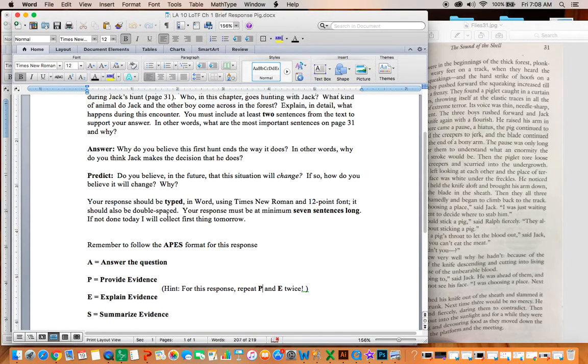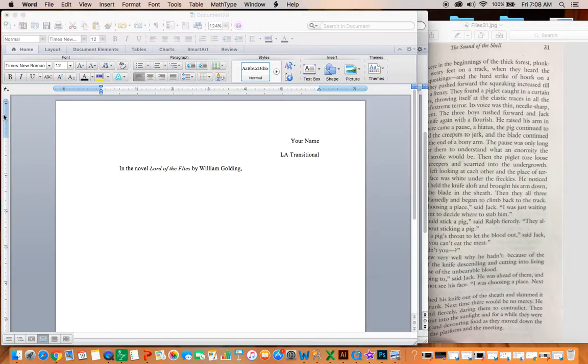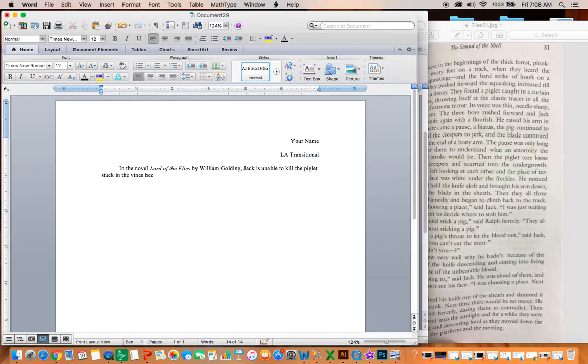If we look at the question again, why do you believe the first hunt ends the way it does? Why do you think Jack makes the decision that he does? So we have to be answering that question. In the novel Lord of the Flies by William Golding, Jack is unable to kill the piglet stuck in the vines because he was scared of the blood.